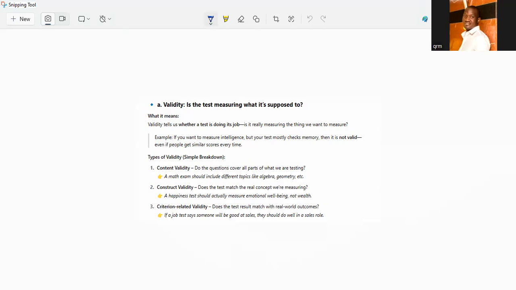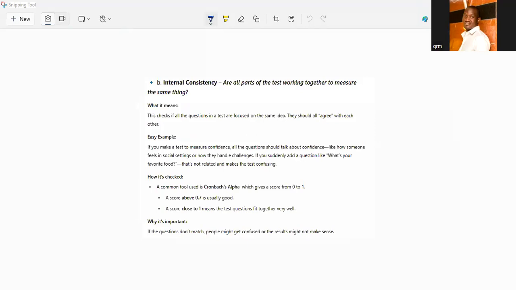So when we're dealing with internal consistency, we are actually answering questions to do with what? Are all parts working together to measure the same thing? That is what they seek to measure or answer. Okay? Are all these parts measuring the same thing?